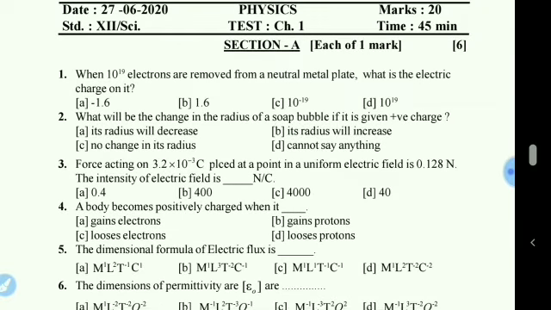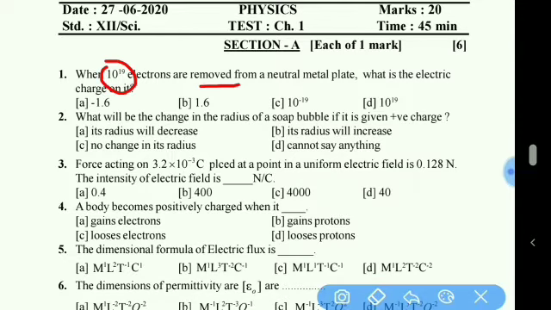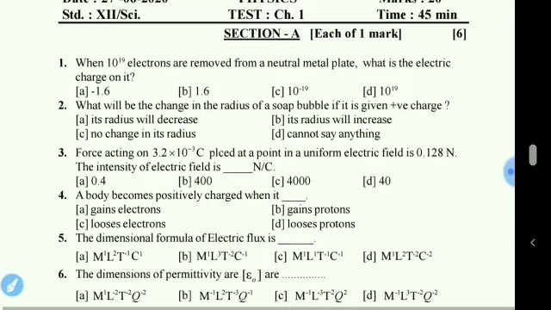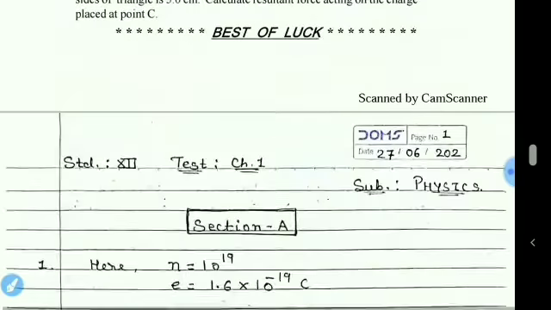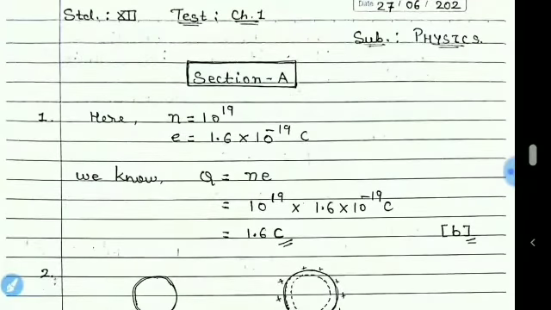Now, here in MCQ number 1, there are 10 raised to 19 electrons which are removed from a metal plate. Now, we know that whenever electrons are removed, the body becomes positively charged.